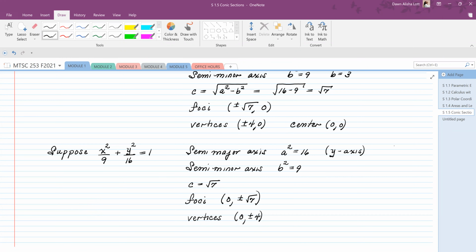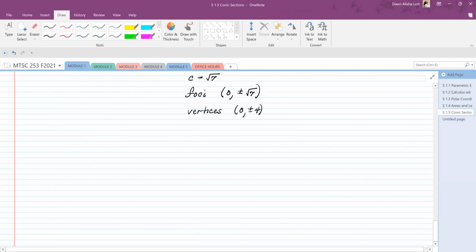All right, one last one, hyperbola. So now notice that with the ellipse, the foci were inside. Okay, so the ellipse, the foci are inside the vertices. The hyperbola, the foci are going to be on the outside of the vertices.